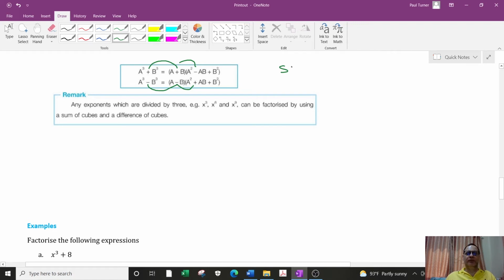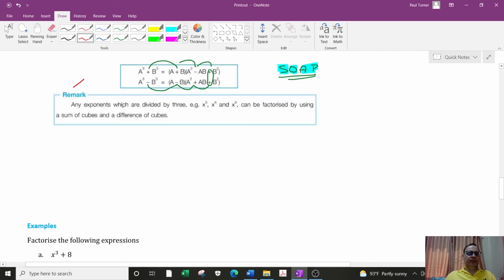So that's the opposite sign. Now in the last sign, it becomes plus plus. So they're both positive, all positive. So same, opposite, all positive. And that's the way that I remember the signs. So be careful with that.